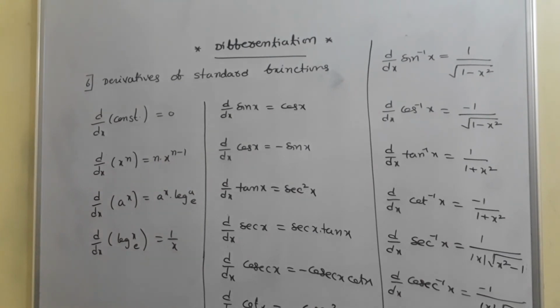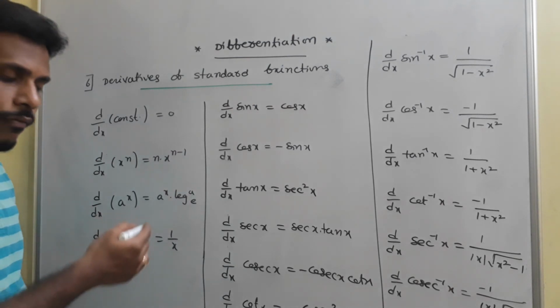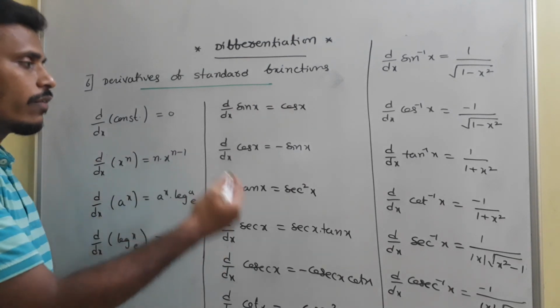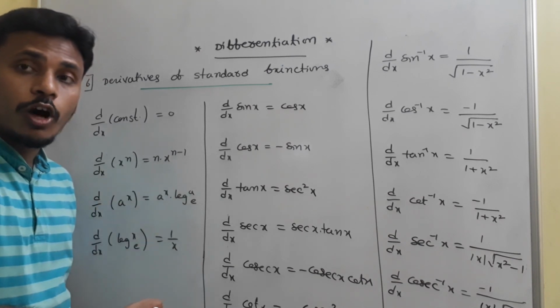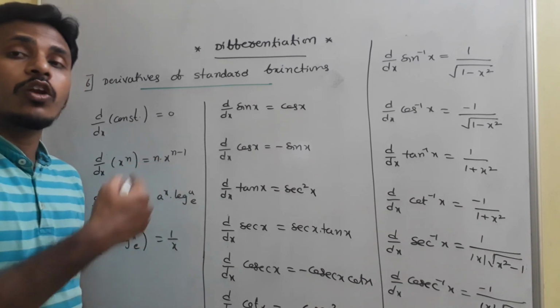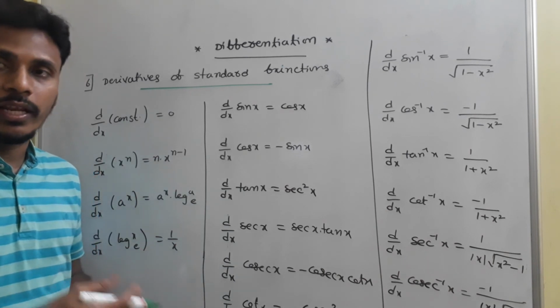So you just look at these derivatives of some standard functions, and we can find all these derivatives using the first principles method, and using these formulas we are going to find derivatives for some other functions. All these things we will do in the next class.